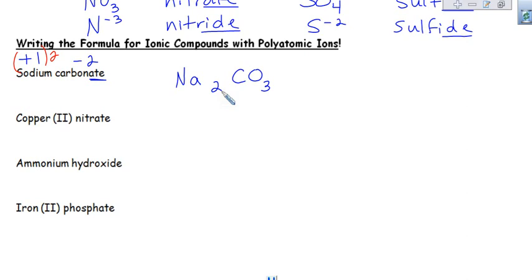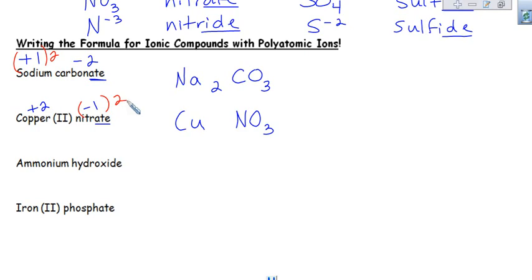Copper 2 nitrate. Copper's charge is +2. ATE. Nitrate, I look it up on my chart. -1. The symbols, Cu for copper, nitrate is NO3. I need to make this neutral, so I'm probably thinking double the nitrate.